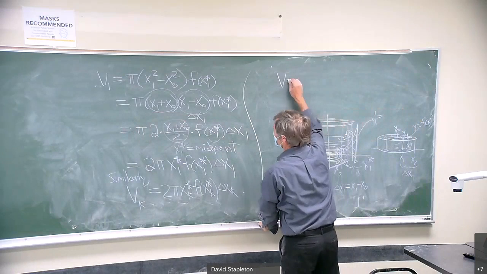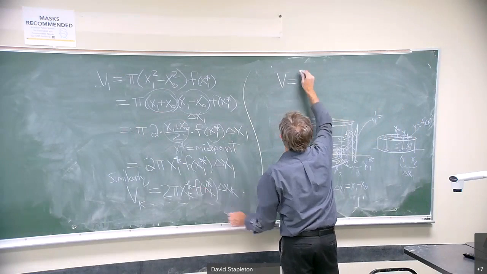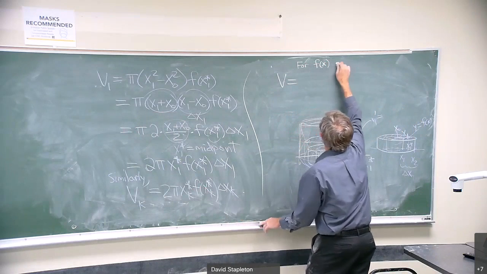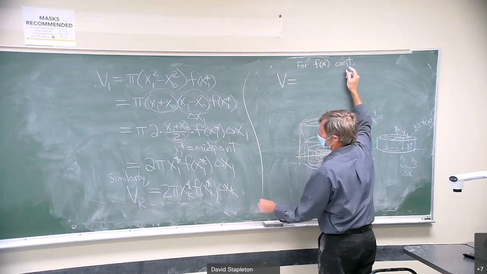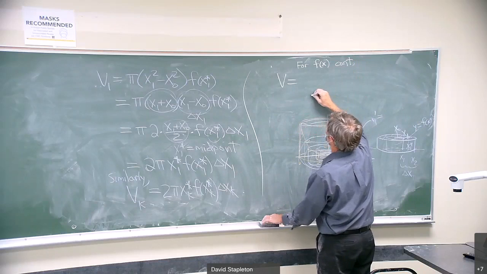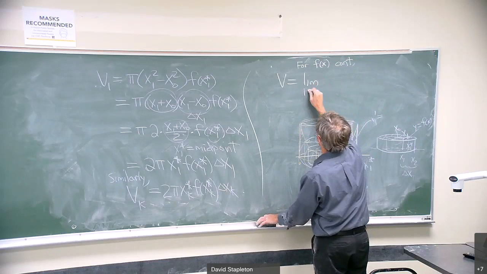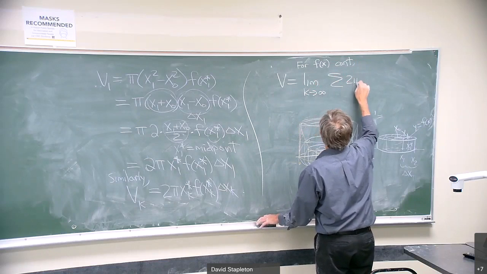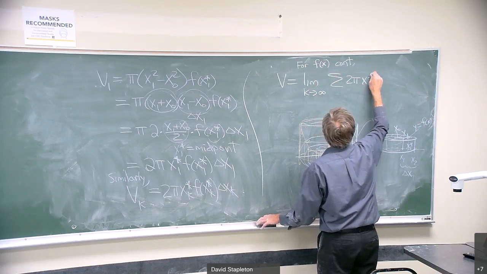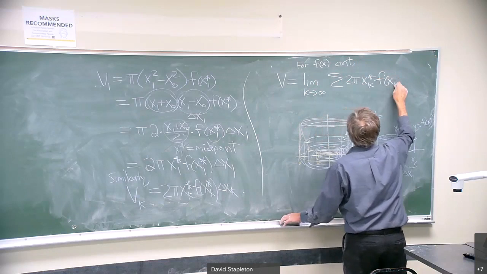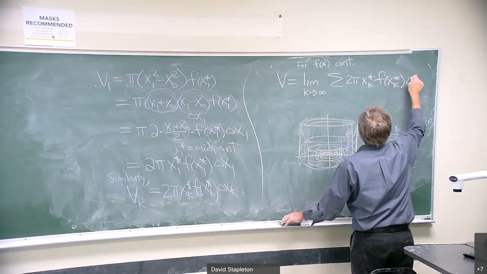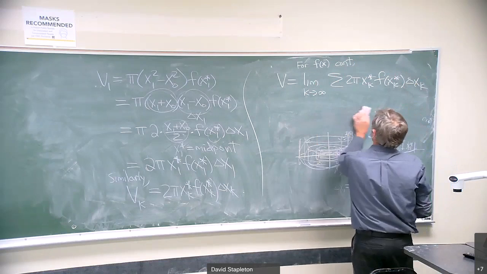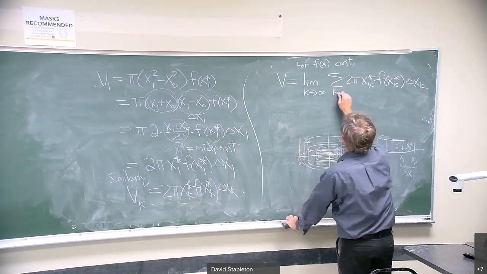The exact volume, if f of x is a continuous function, you can argue by underestimates and overestimates again. Since you always get the same number for a continuous function, the volume can be called the limit as n goes to infinity of this sum, 2 pi xk star f of xk star delta xk, k equals 1 to n.